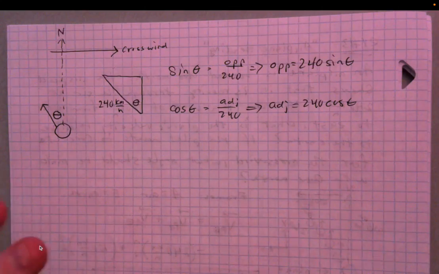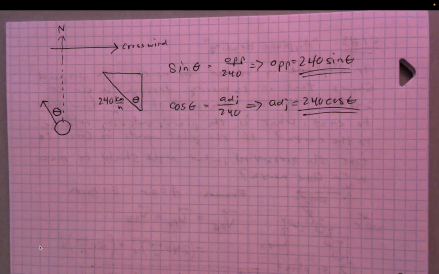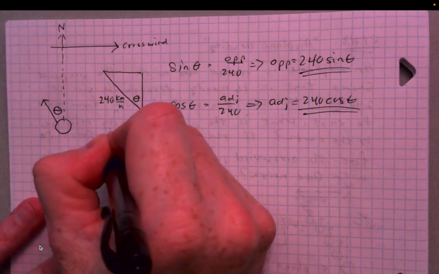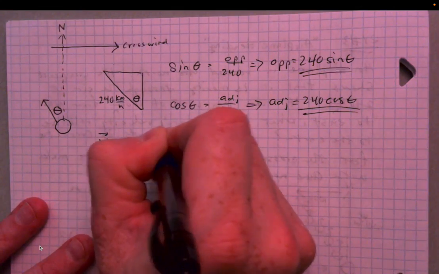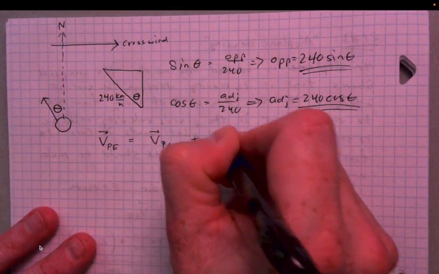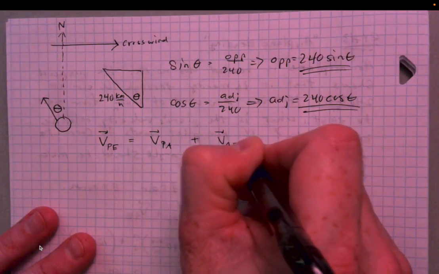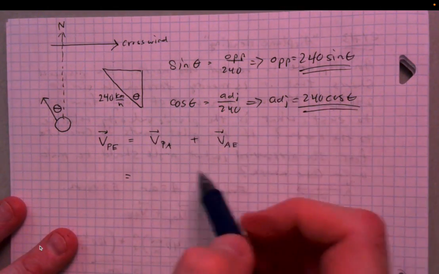Okay, and so we can use these in place of our velocity of the plane relative to the air. So here, let's rewrite this. We've got the velocity of the plane relative to Earth equals the velocity of the plane relative to the air plus the velocity of the air relative to the Earth. Okay, and so what we're going to put in here is we're going to put these guys.